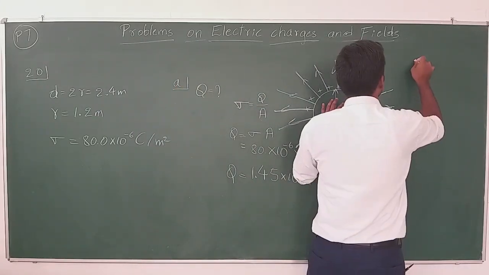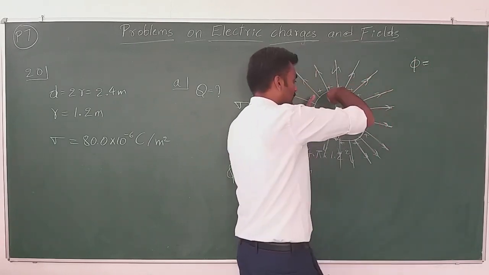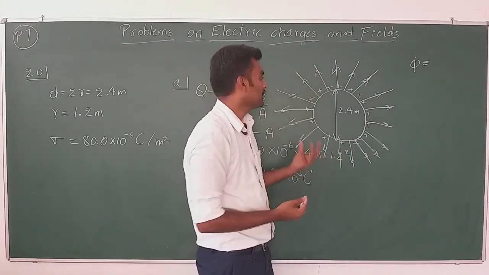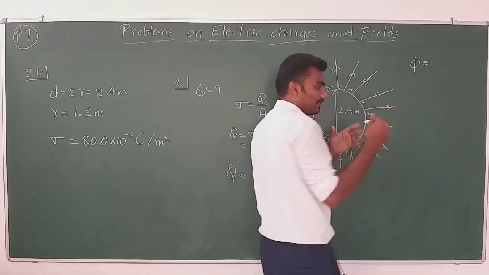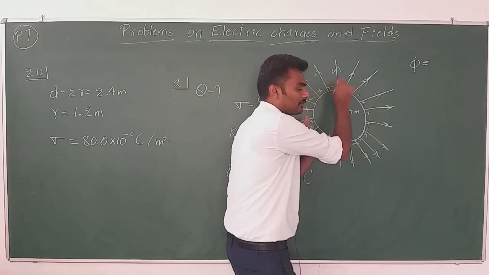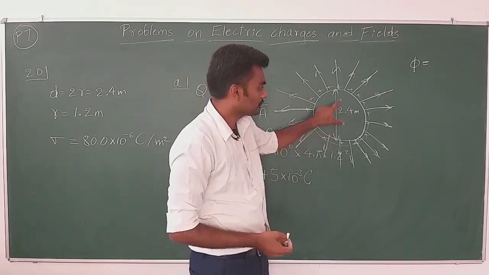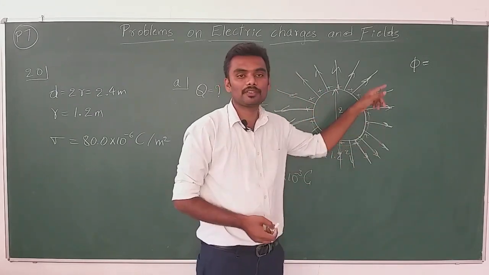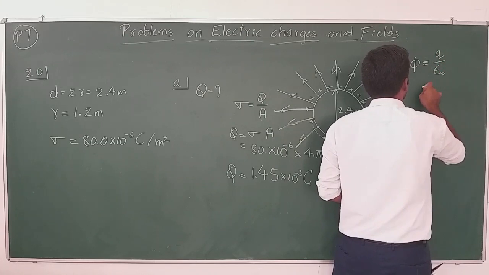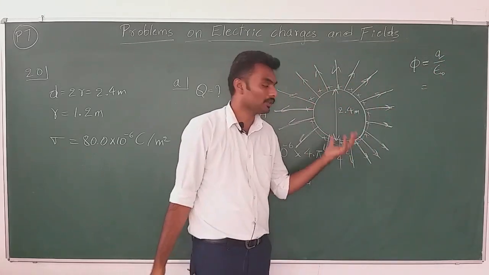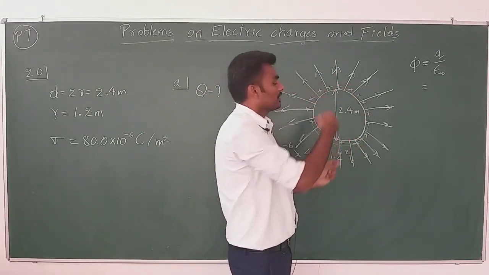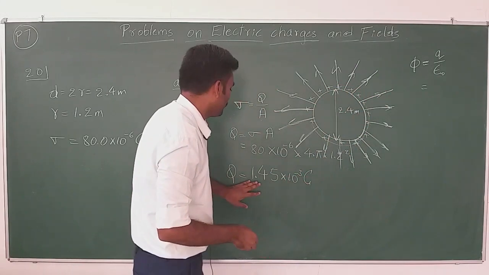The total electric flux through a surface enclosing this sphere, a new Gaussian surface considered very close to the original surface of the spherical body, is phi equal to q by epsilon naught, where Q is the total charge enclosed, which is the total charge on the spherical body.